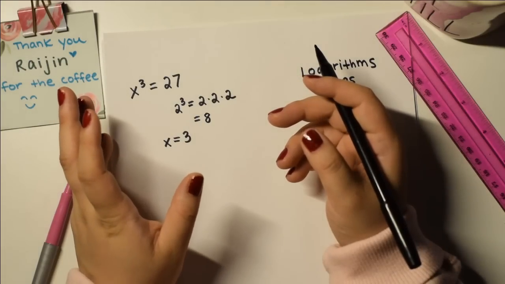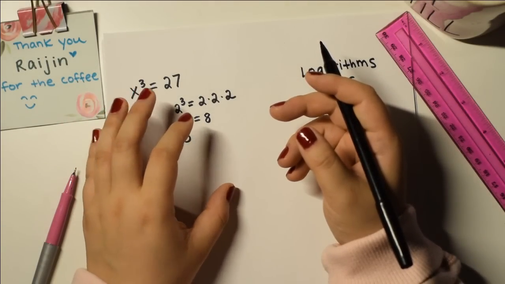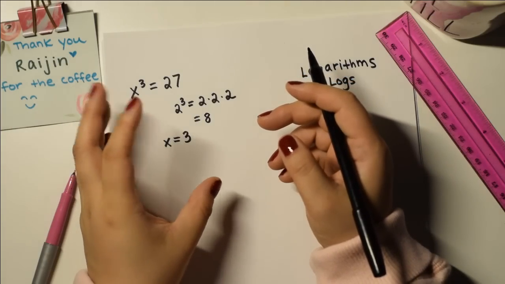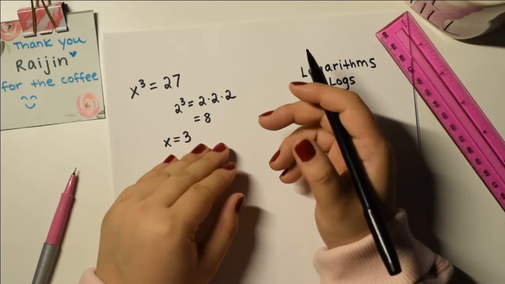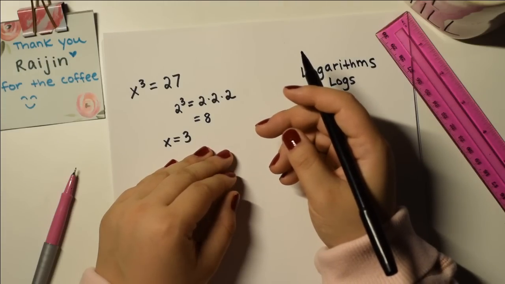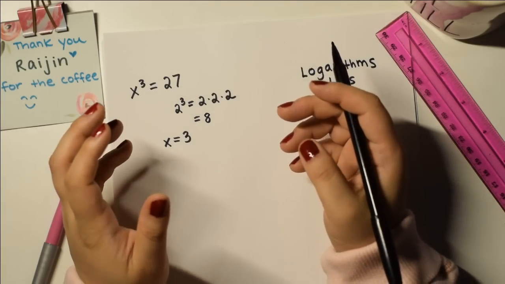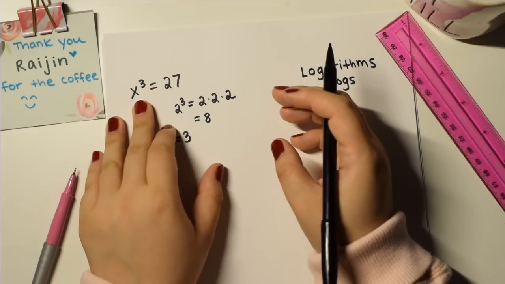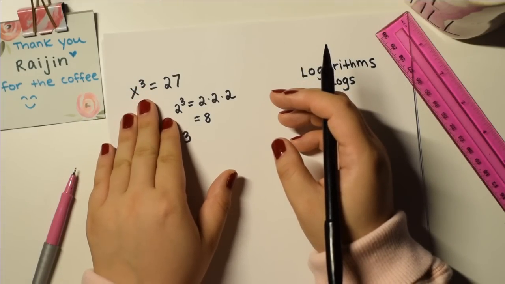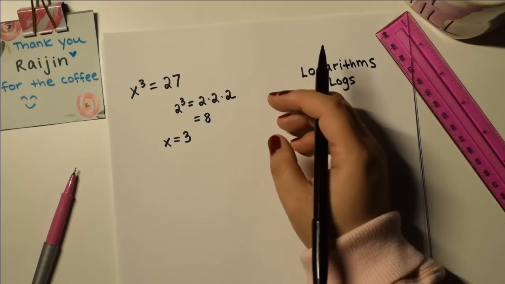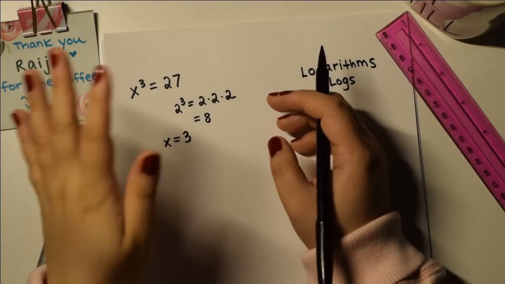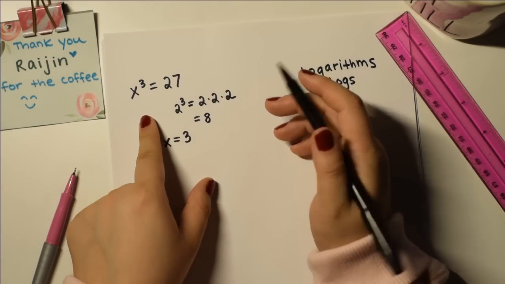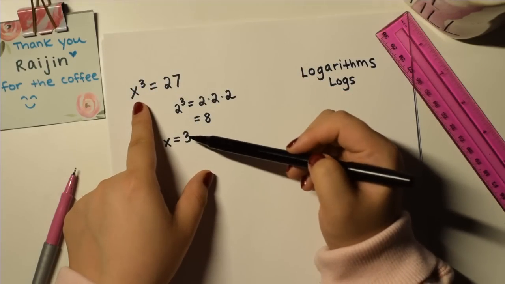But when we get to algebra, we slowly shift away from just guessing and checking with numbers. And instead, we want to learn some methodical, logical ways to solve for something like this. And we want to move away from guessing and checking because, well, one, sometimes the numbers aren't quite so pretty.